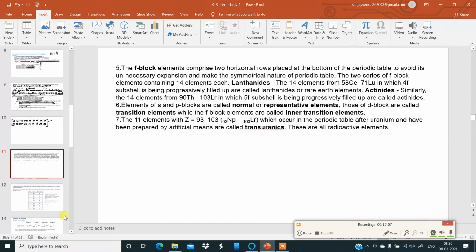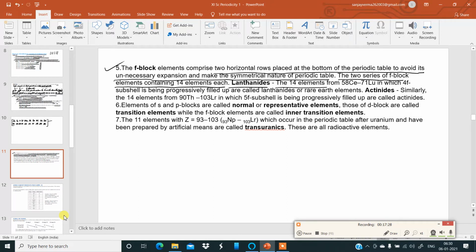Then moving to the F block. The F block elements comprise 2 horizontal rows placed at the bottom of the periodic table to avoid its unnecessary expansion and to maintain the symmetrical nature of the periodic table. The 2 series of F block elements contain 14 elements each.